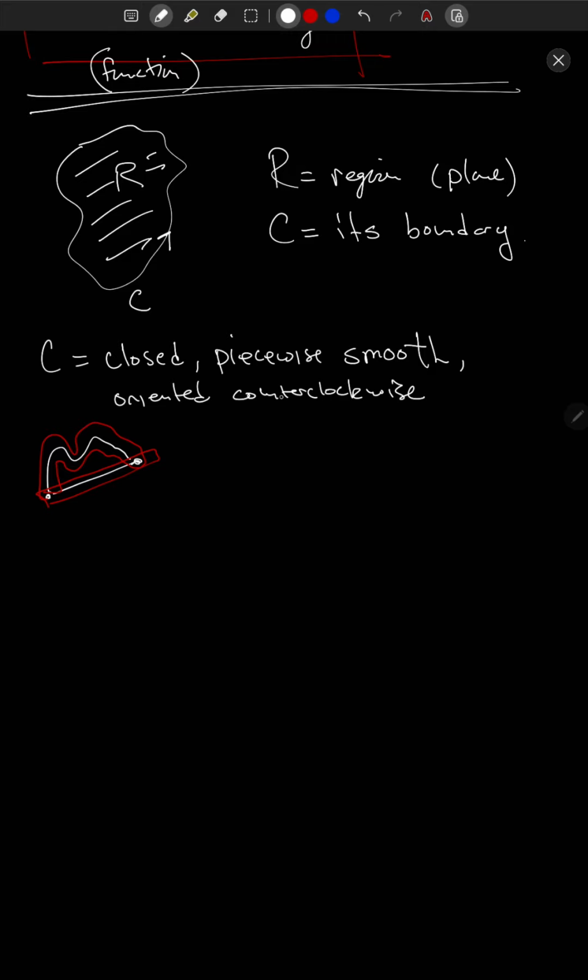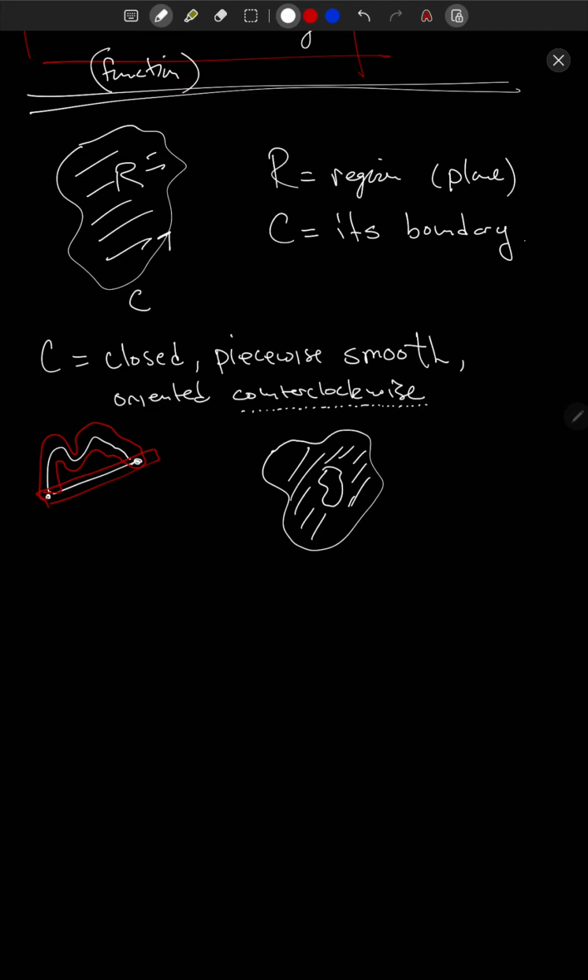Now this oriented counterclockwise is slightly uncareful, slightly sloppy in a way, because at the moment we're allowed to work with regions that look like this, this kind of annular region.